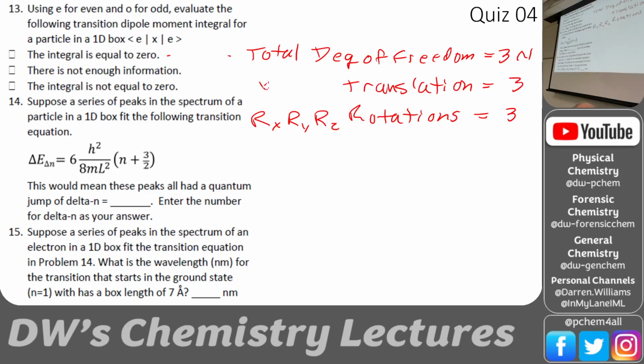So that's where the 3's come from. And so the vibrations are 3N minus 6. We find out the number of vibrations by difference.